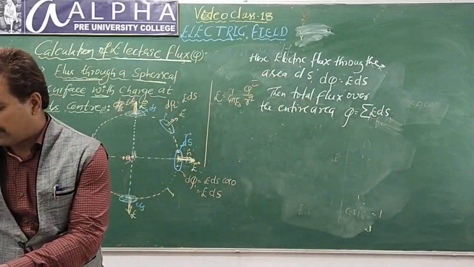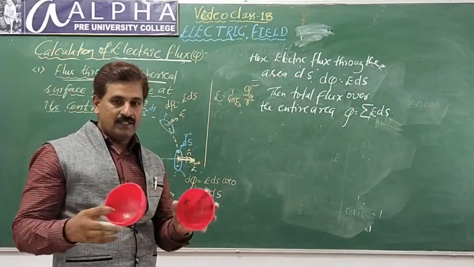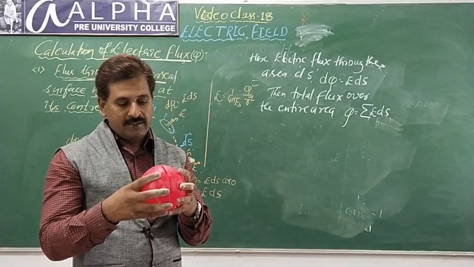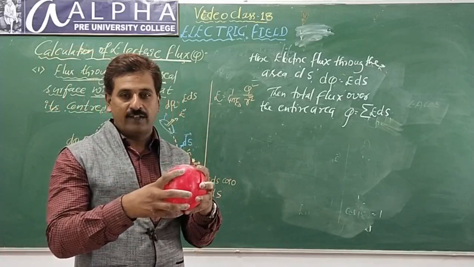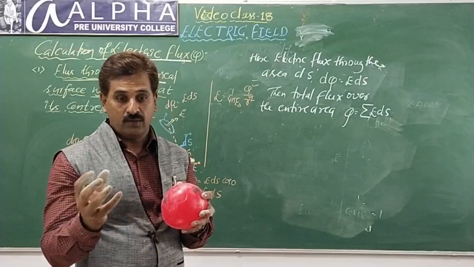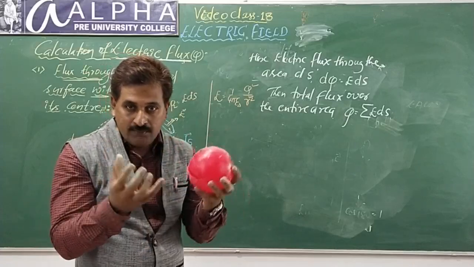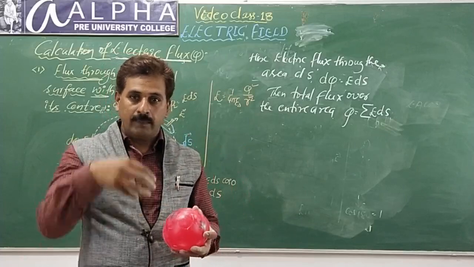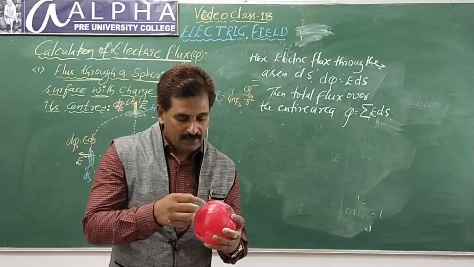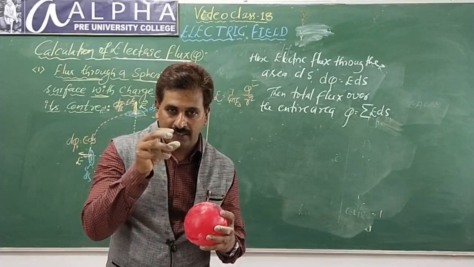Once again, visualize it like this. See, two hemispheres. I put a charge at the center, then I close it. Now there is flux coming out, like light coming out of a glass bowl if the bulb is inside. There are patches here, and each patch has an area ds.